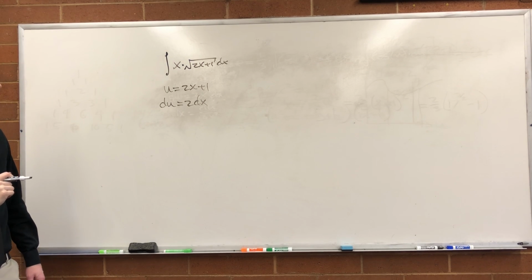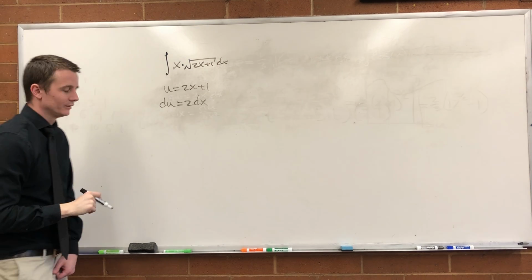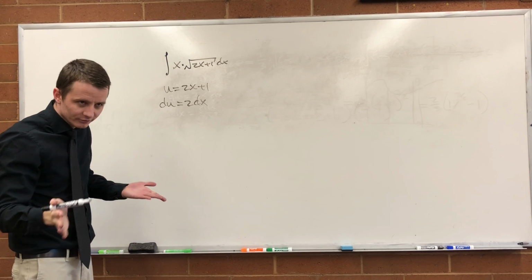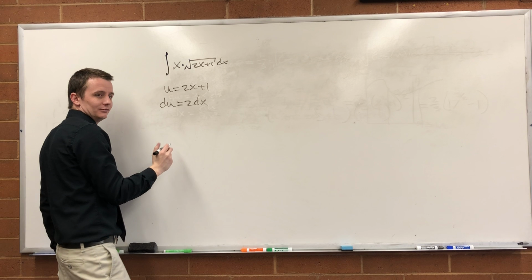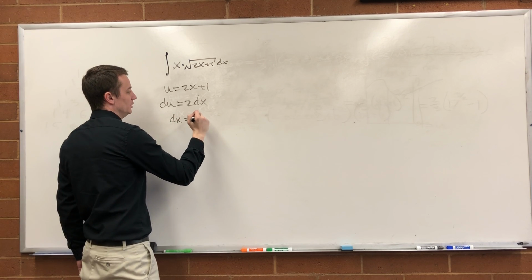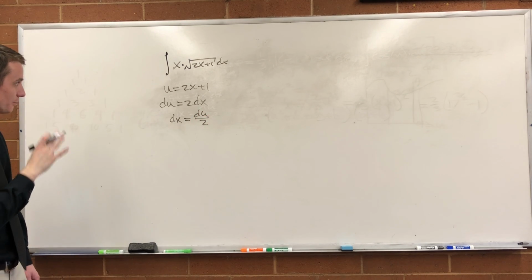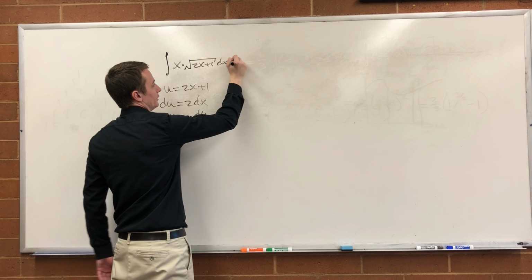I'm going to get rid of all of our... no, let's keep working with it and see if we can do some exploring and figure it out. We can still say dx is equal to du over 2.